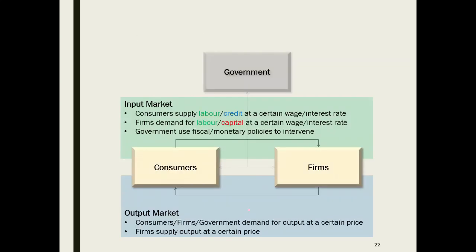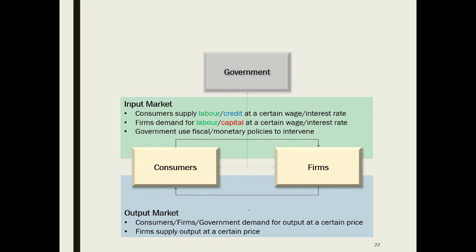For those graphical learners, economic models can sometimes be visualized in a flowchart like this. There are usually three economic agents: consumers, firms, and the government. Consumers are the demand side of output market, paying money to firms, which are the supply side. The role is reversed in input markets. Consumers are the supply side of the labor market, providing labor input to firms, which are now the demand side of the labor market.